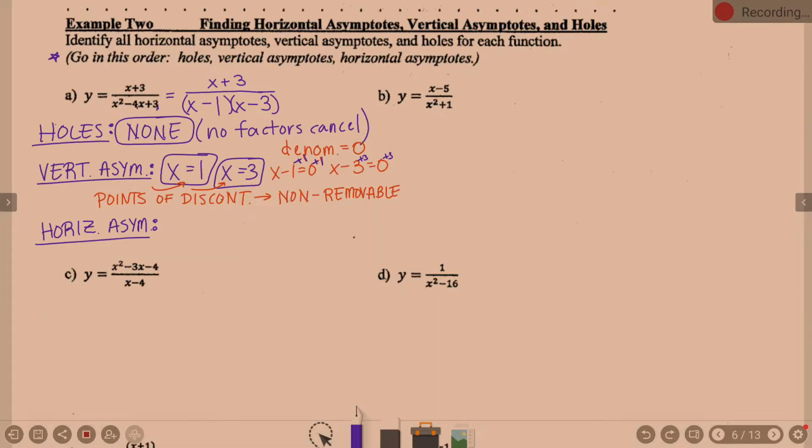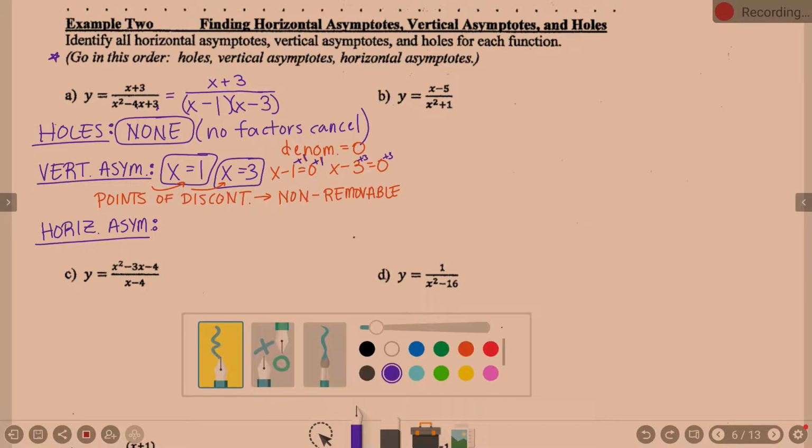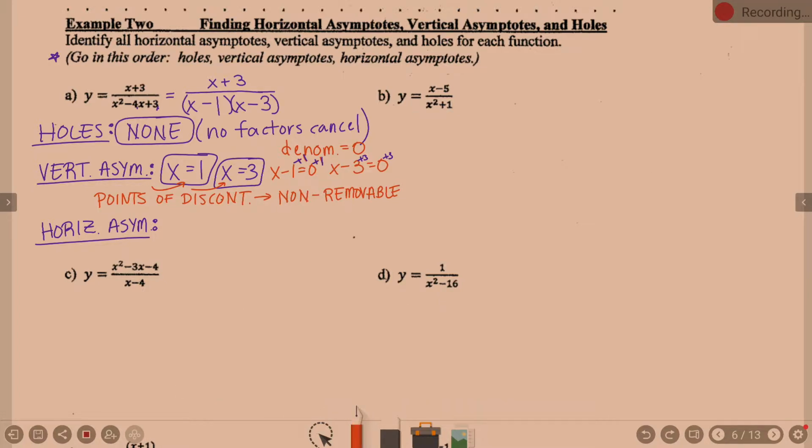Okay, I would go back to the original problem before you factored. What is the highest exponent on top? This x to the first term, yes? What is the highest exponent on bottom? The highest power on bottom is the x to the second. What do you need to notice here?